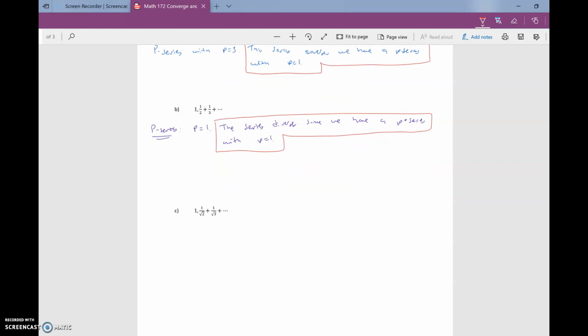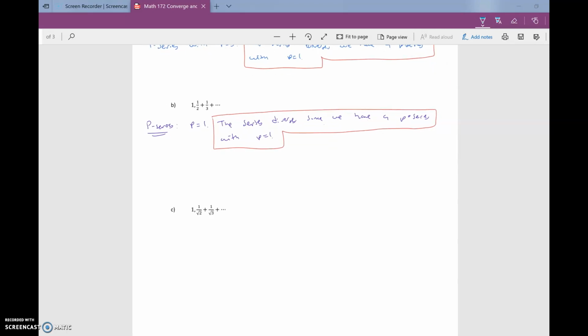Let's take a look at the last one here, and this one is also a p-series with p equal to a half. That's the only way you can actually fit the pattern on all of them. Because p is less than or equal to 1, this series actually diverges.